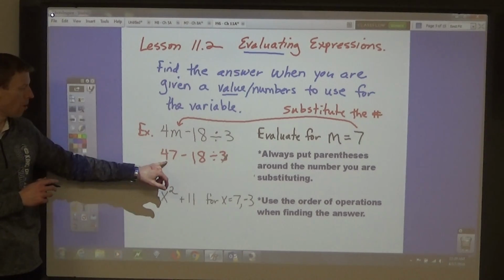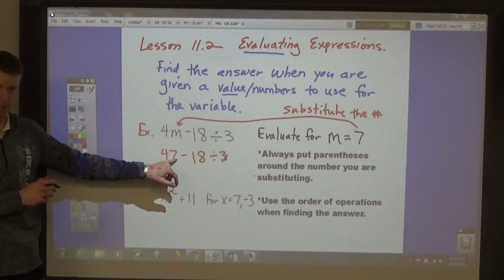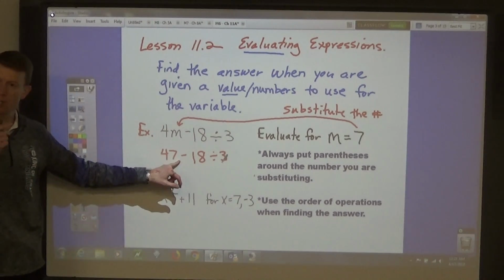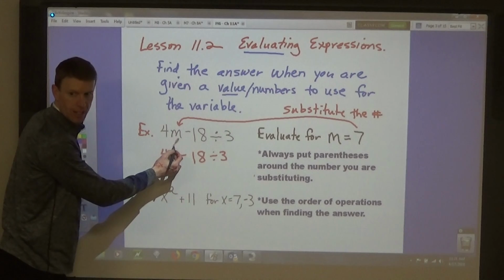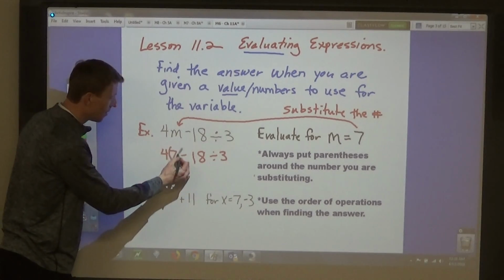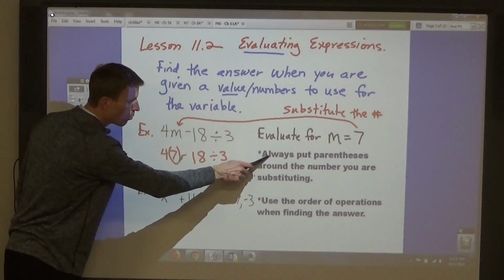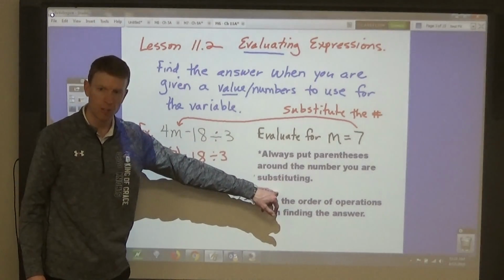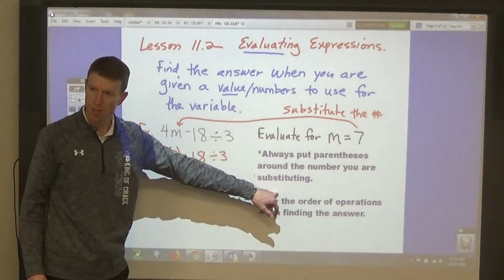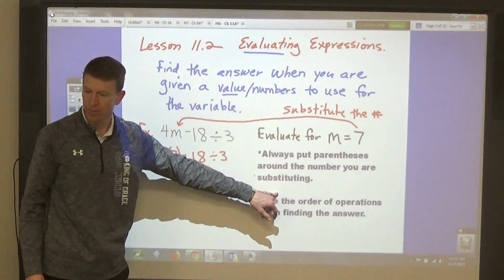So we have to have a multiplication symbol in here, and the best one to use when you are substituting is parentheses. Always put parentheses around the number when you are substituting.